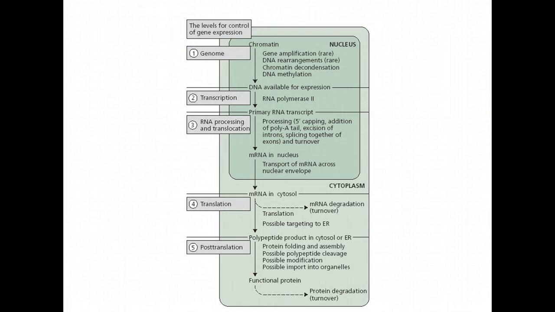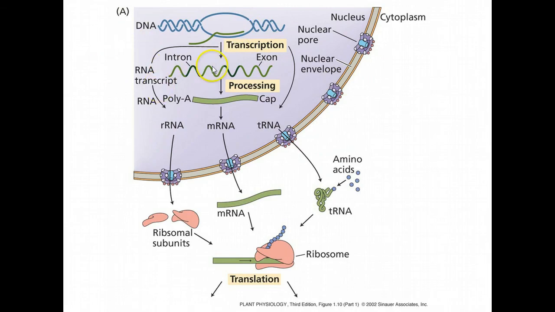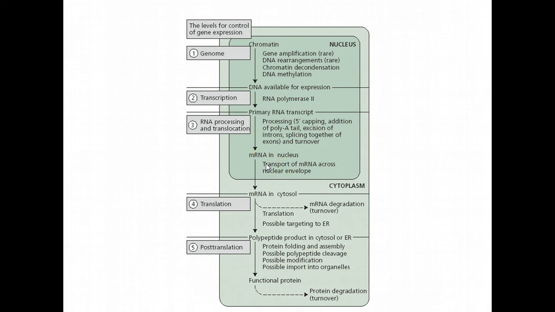Now, here's just another cartoon showing you what we went over last time. This is the 5 separate levels of control that determine whether or not the DNA template is actually expressed as a protein, okay?